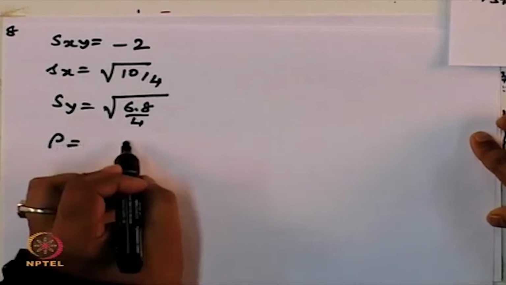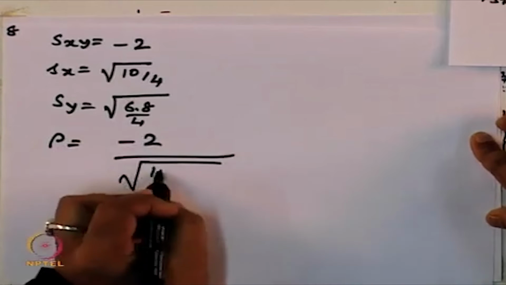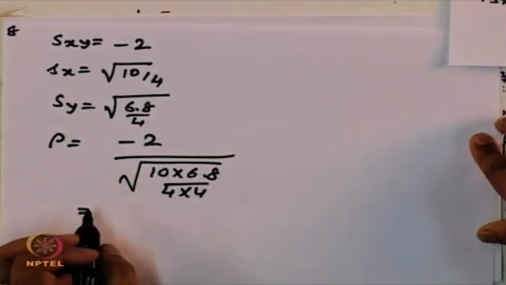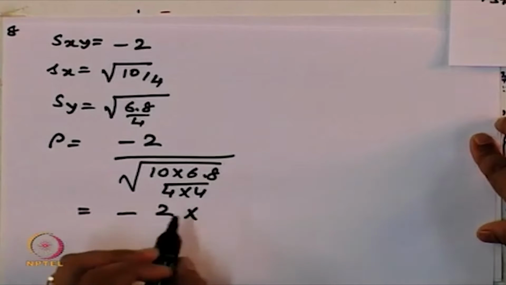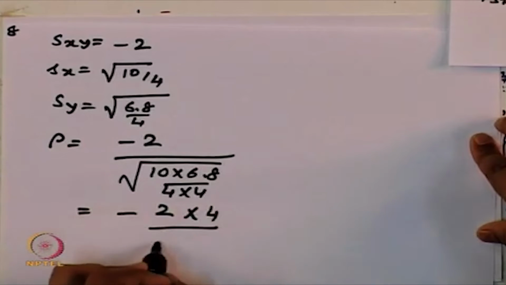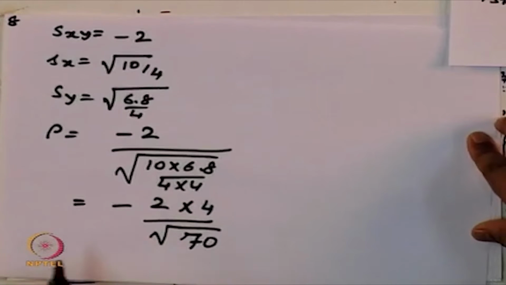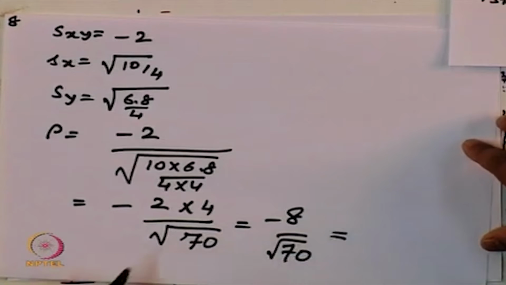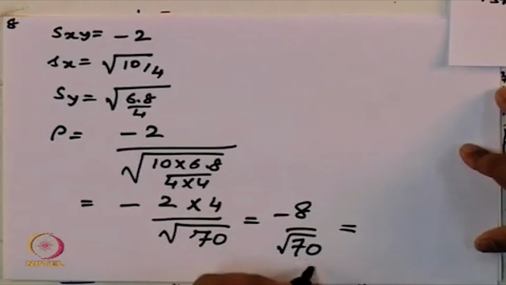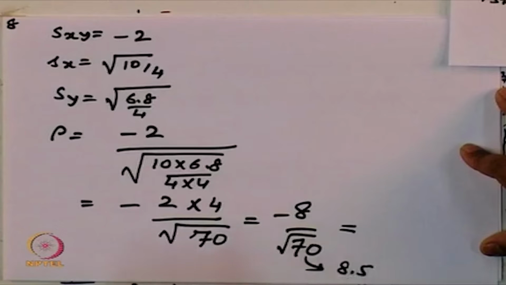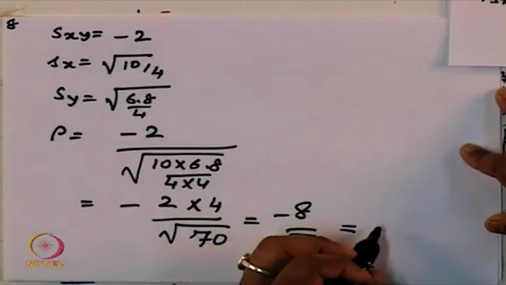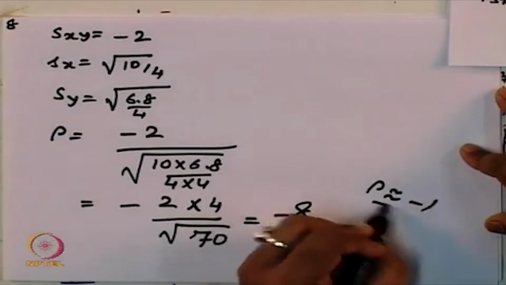So, my rho is equal to minus 2 by square root of 10 into 6.8 by 4 into 4, which is, okay, minus 2 into, I can have the 4 out, by root of 68, equal to minus 8 by root of 68, which gives me a strongly negative value. I will get a value rho which is almost close to minus 1.